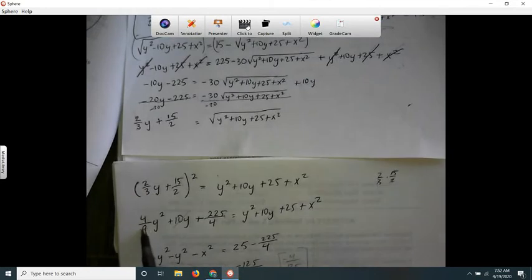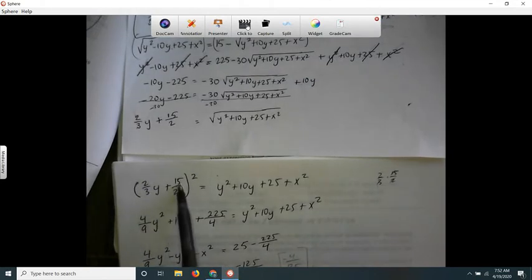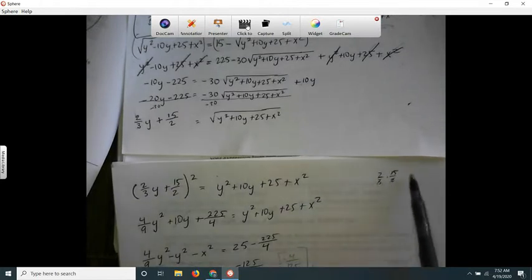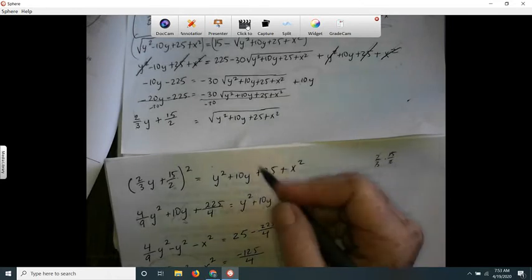So that's where the 4/9 y squared came from. And then this thing, the first thing times the second thing times 2. And I actually did 2/3 times 15 halves just to make sure that turns out to be 5, times 2, that's where the 10 came from. And then 15 squared, well, this is 15 over 2 squared. And that's equal to all this. And then I saw my 10y's were going to cancel out.